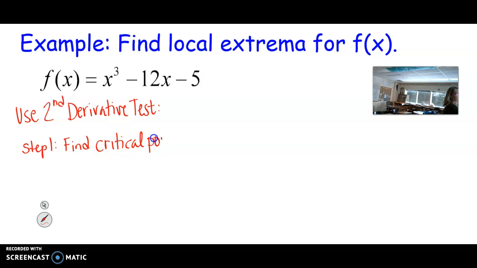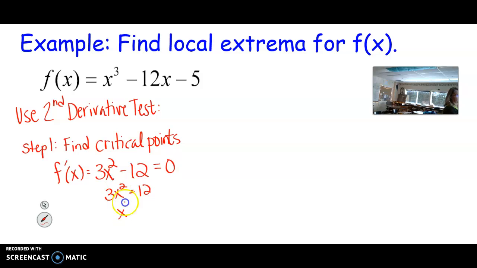How do you find critical points? Well, we want to figure out where the first derivative is 0. So we're going to find our first derivative. It's a power rule here. We get 3x squared minus 12. This is equal to 0. Solve that for x. I'm going to add 12 to both sides and divide by 3. Get x squared is 4.